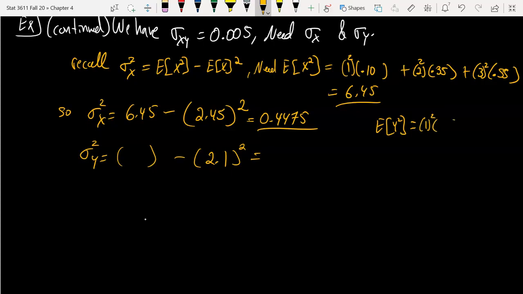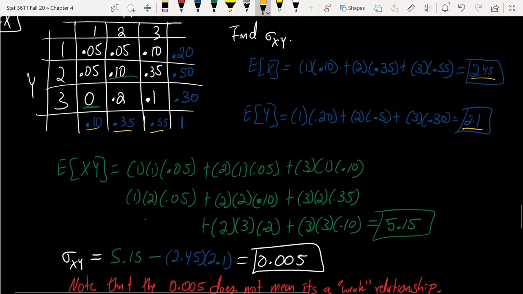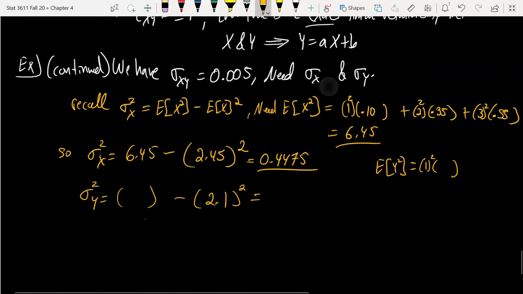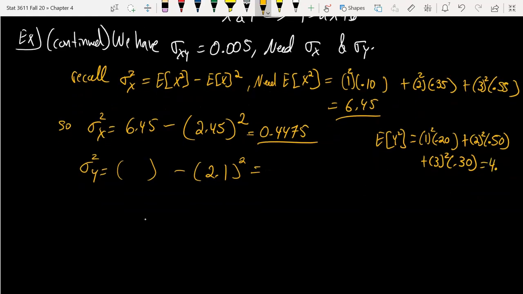So I've got 1 squared times the probability that y takes on the value 1, which is 0.20, and then 0.5 and 0.3 for the other ones. So 1 squared times 0.20 plus 2 squared times 0.5 plus 3 squared times 0.3. Running that through a calculator, I've got 4.9. That will give me the variance of y, and the variance of y is then 0.49.